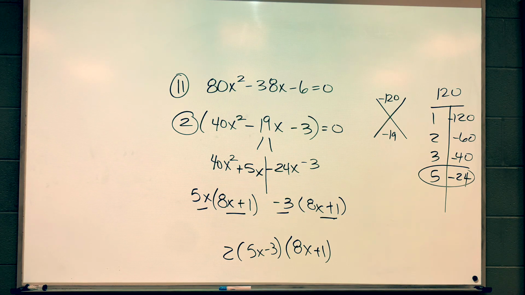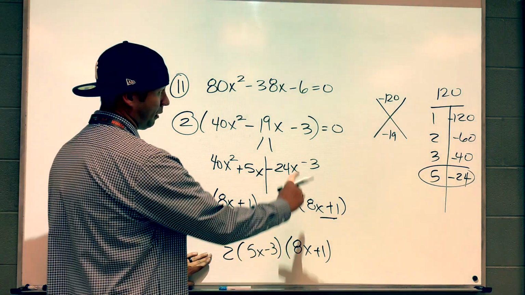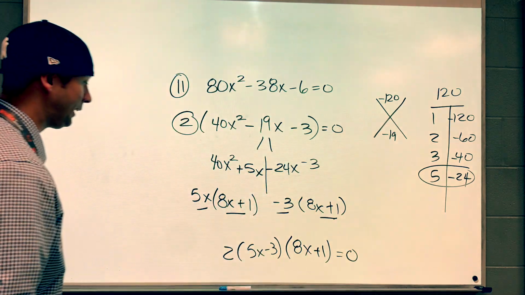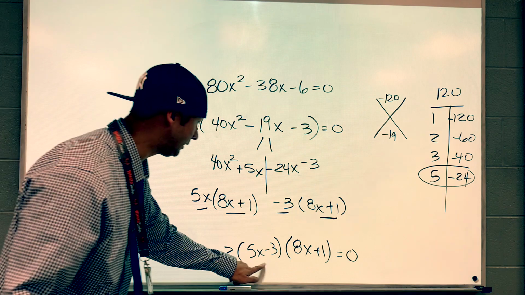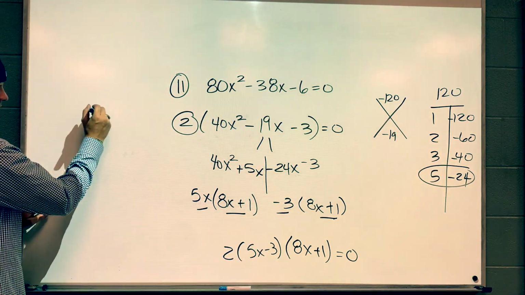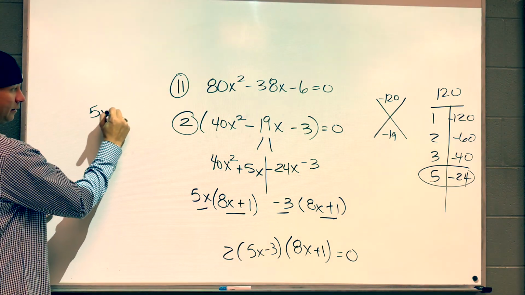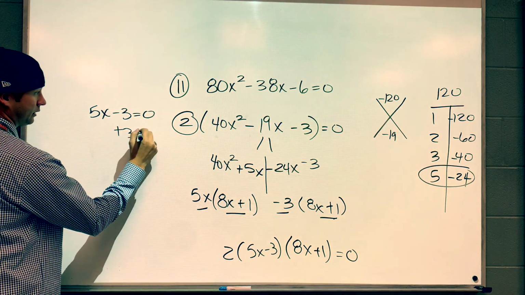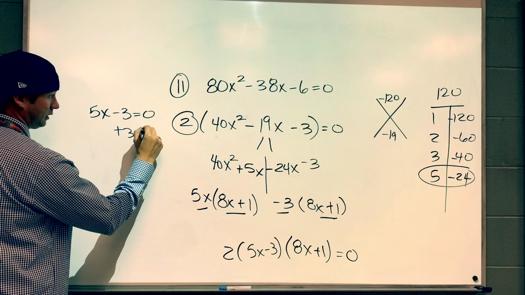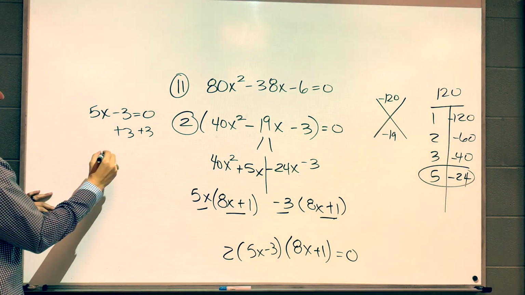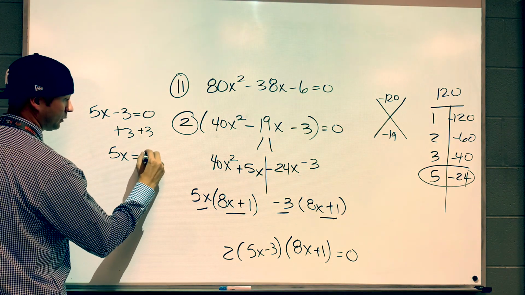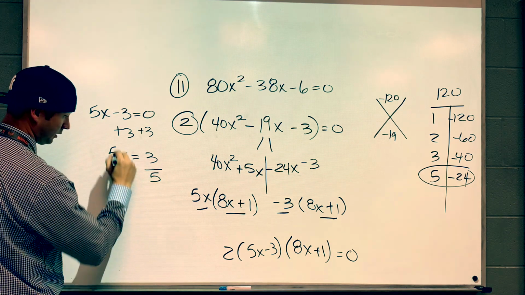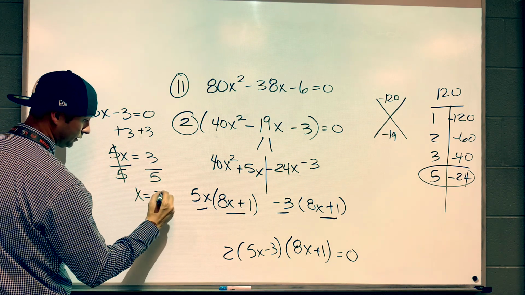Okay, there are the factors, but we're not done, right, because it's equal to 0. So I need to set each of these terms equal to 0. This is going to be 5x minus 3 is equal to 0. Add 3 to both sides. 5x is equal to 3. So x is equal to 3/5.